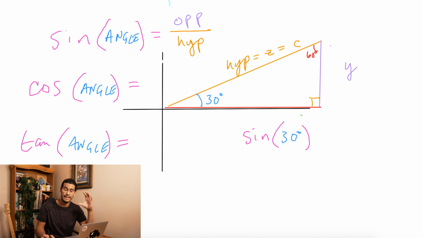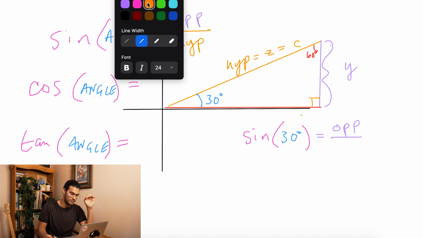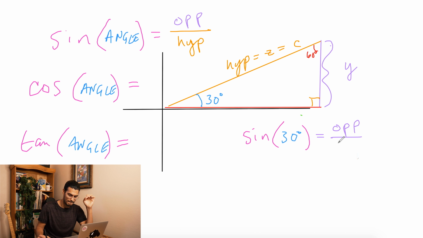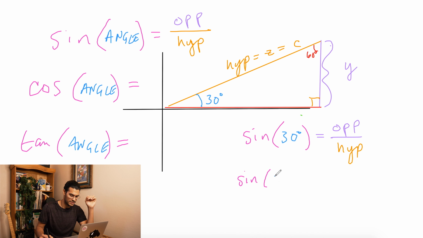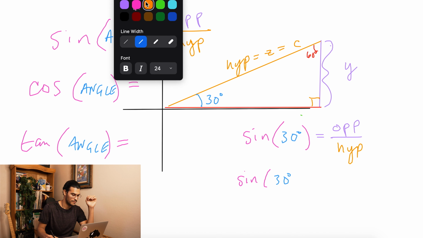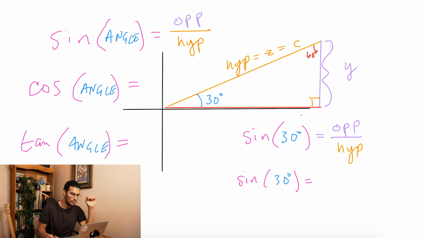If we have this triangle on an XY grid, this opposite side to 30 represents the y height that this side goes up to. So even though the sine of 30 is always going to be the opposite side over the hypotenuse, in this particular case, we have the sine of 30 degrees equals our y value over the hypotenuse, okay?